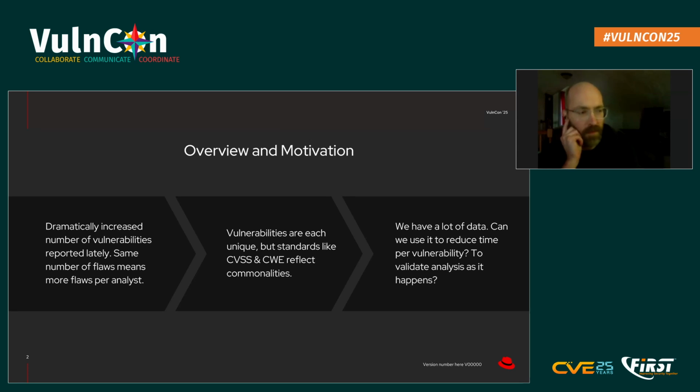That's why we have CVE. But there are a lot of similarities between flaws, and the industry has already created metadata to capture those similarities, to give us something that we can use to talk about flaws in a like-to-like comparison. So for example, CVSS and CWE are two examples of that, which we'll talk about later.